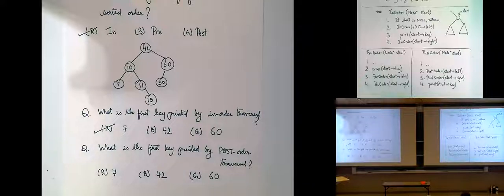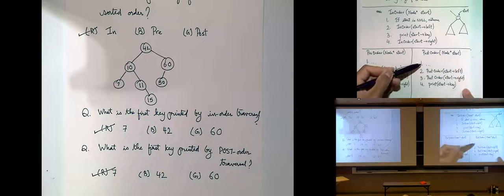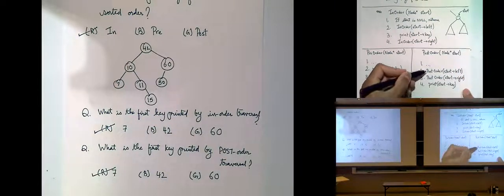Okay, so what is the answer? That's right, it's still 7. It's still 7, because the logic that I gave for the in-order traversal still holds. What happens is, if you look at the post-order code, it makes a recursive call to the left.